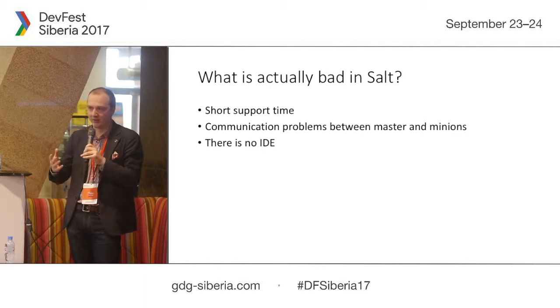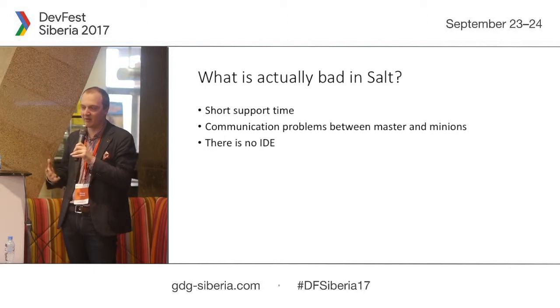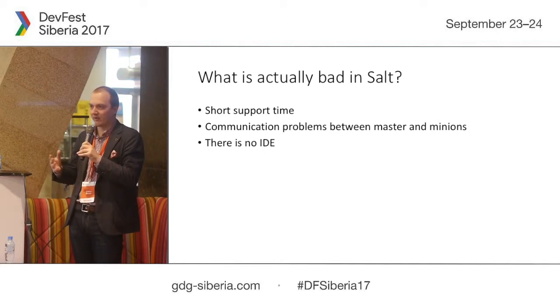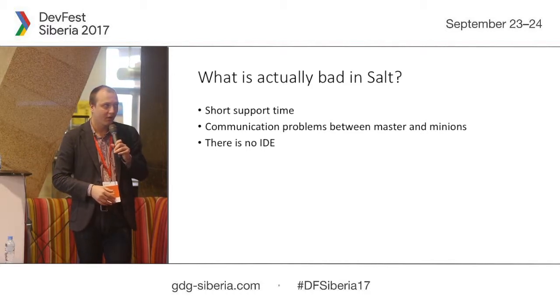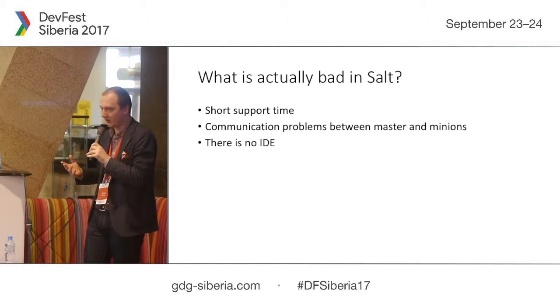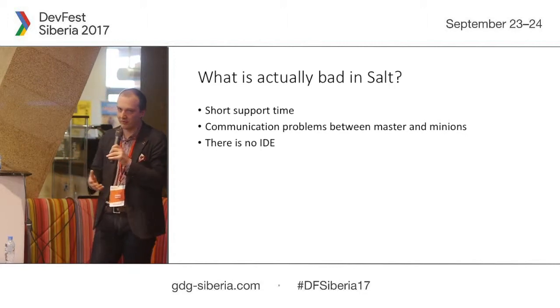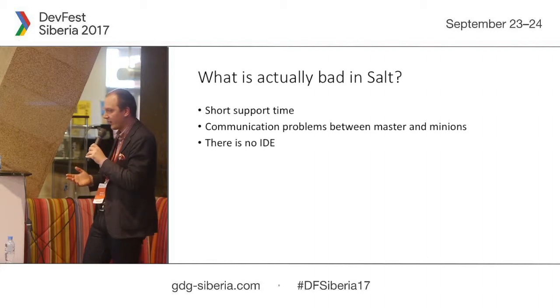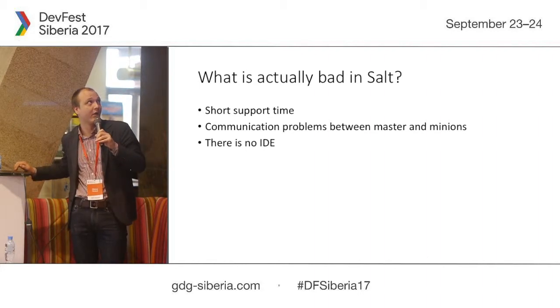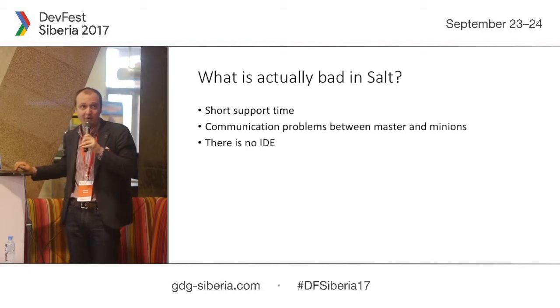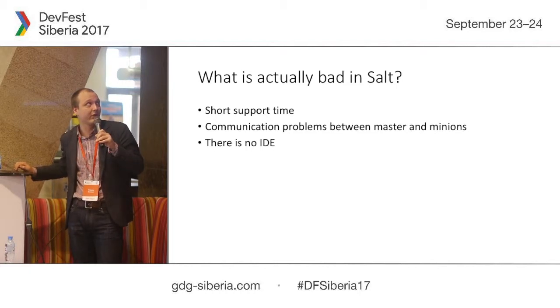Only rendered pillar can be used by minions, so that they don't know a secret which belongs to another minion. So on the one hand, you get flexibility and reuse of your state, but on the other hand, you get a real performance degradation. And moreover, you will get your pillar looking strange.